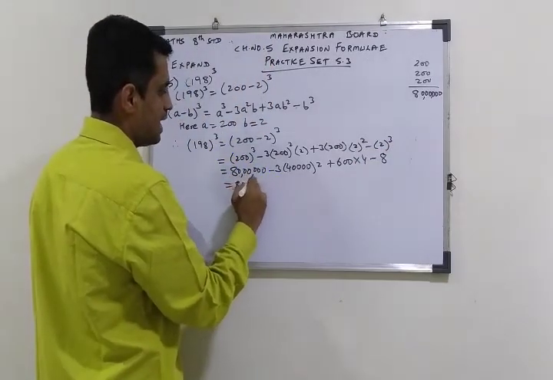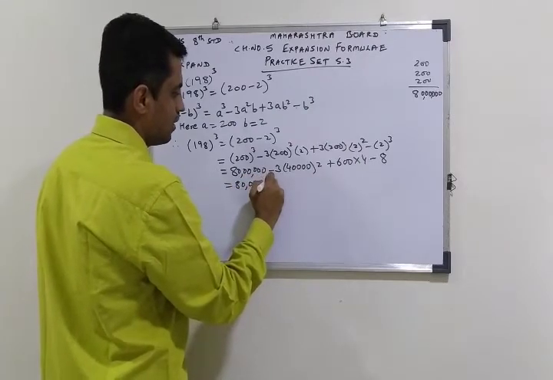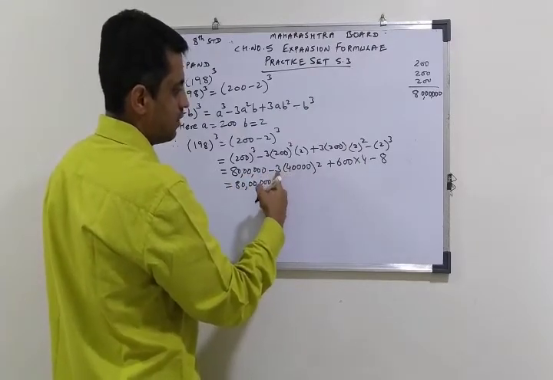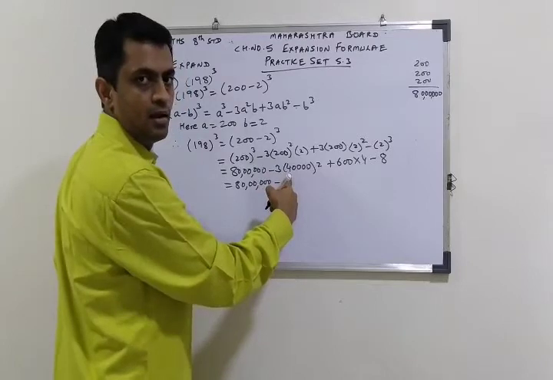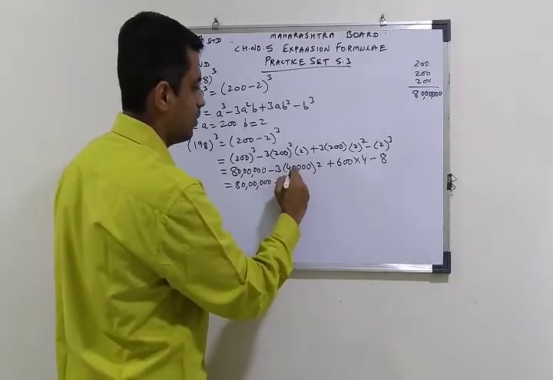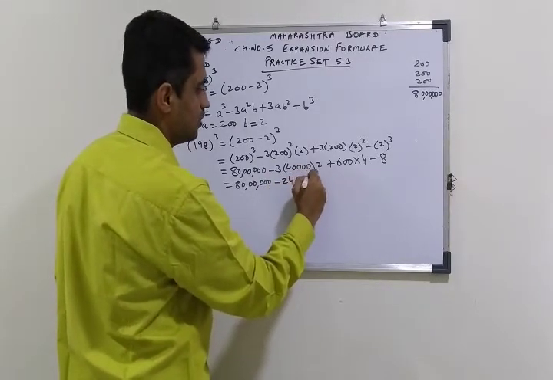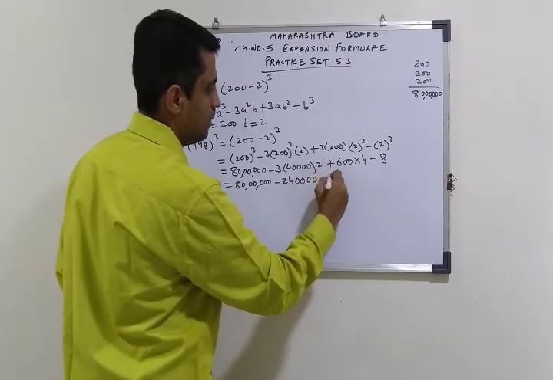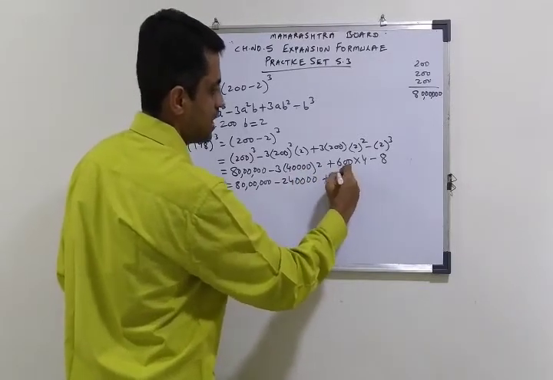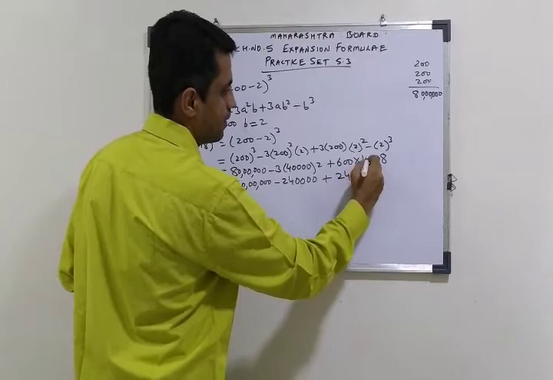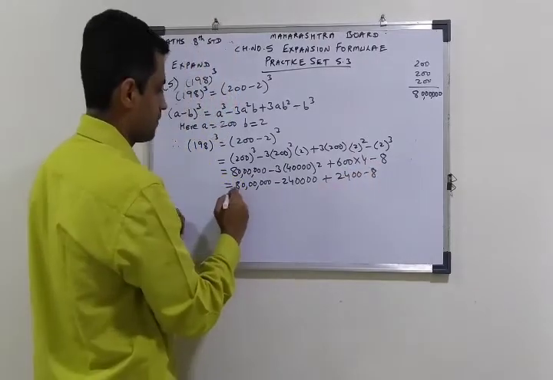So we got 80 lakhs minus 4 3s are 12, 12 2s are 24, 0 0 0 0 plus 6 4s are 24 minus 8.